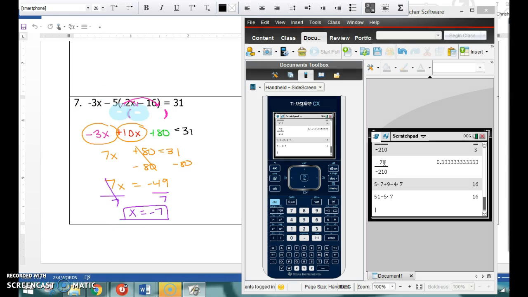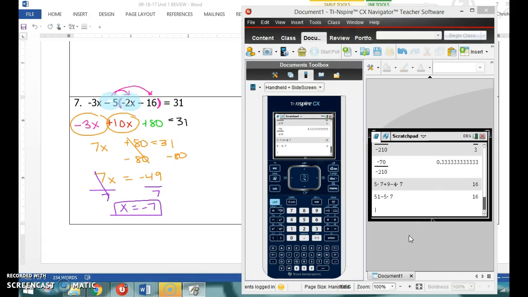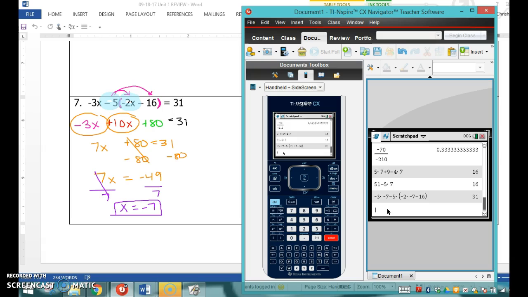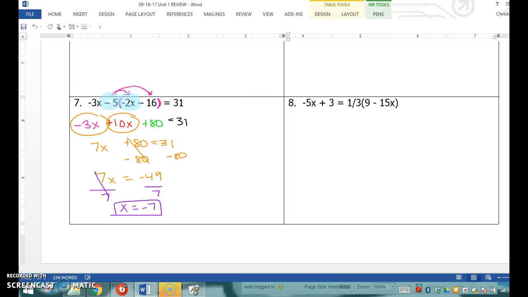Negative 3 times x, which was negative 7, minus 5, parentheses, negative 2 times x, which is negative 7 again, minus 16, close parentheses. It should equal 31. Let's see. Woo! We did it. All right, last one.